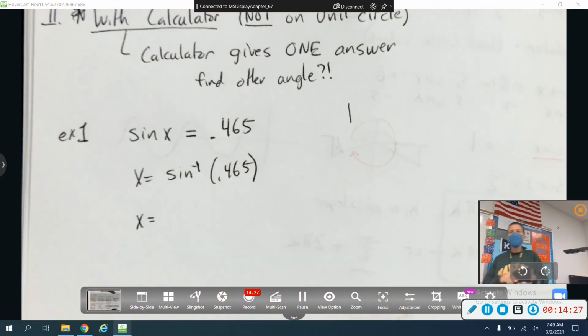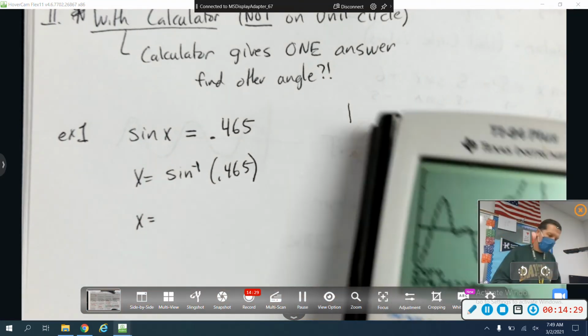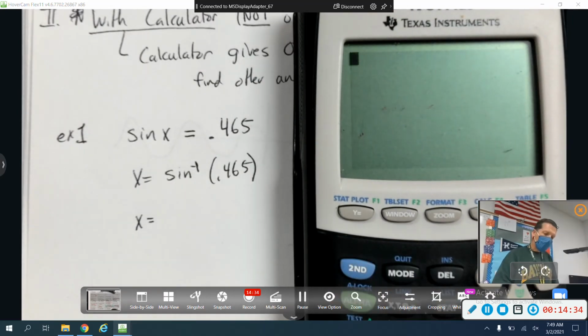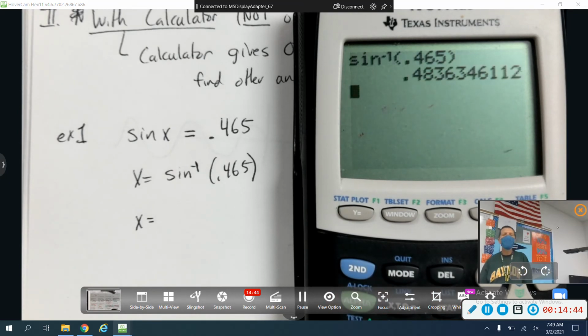So grab a calculator. Oop, there's one of our pretty graphs from yesterday. But we're not graphing today. We're going to do it differently today. We're just going to do inverse sine of 0.465, still in radians. And that gets me 0.484.